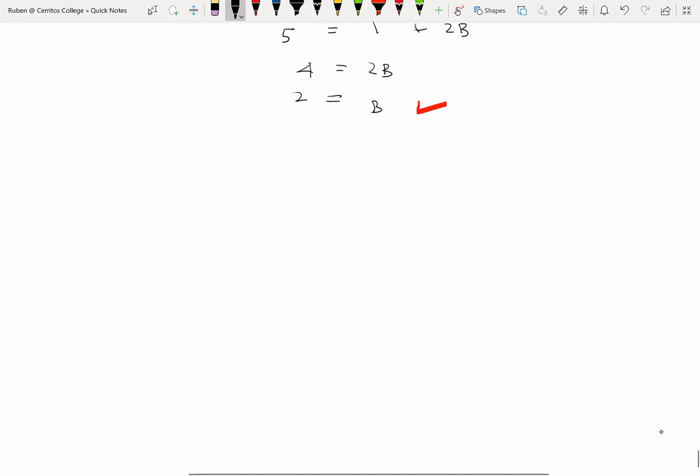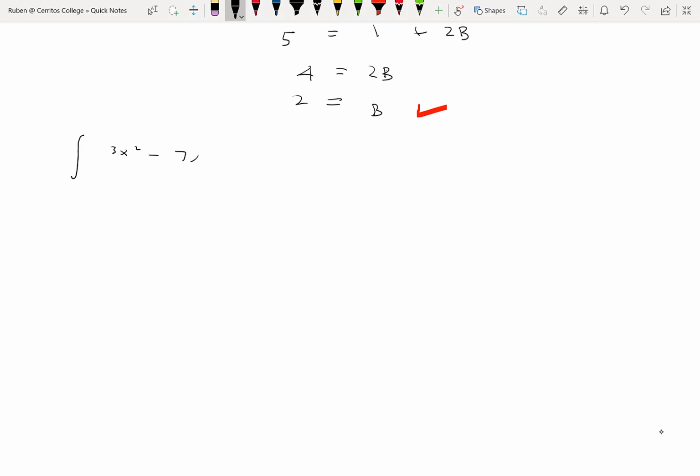So let's go back to our problem. Our original problem is to integrate 3x squared minus 7x plus 5 over x minus 1 times x minus 2 squared.